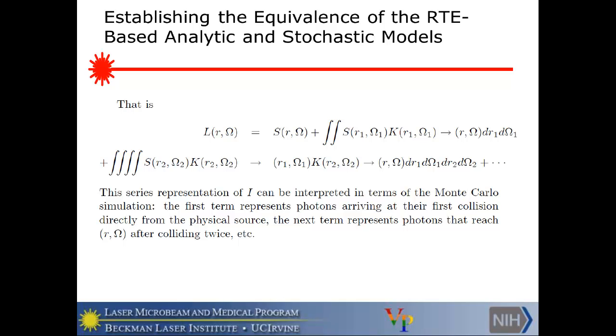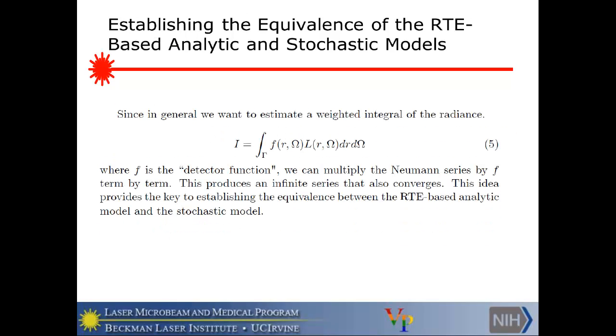And so here on the right-hand side, you have the elements of the stochastic model. On the left-hand side, you're capturing the solution of the radiative transport equation. So if you multiply this left-hand side and the right-hand side by the function f, the detector function, and integrate that, you can also show that the series converges. And that's the connection. That gives you the link.